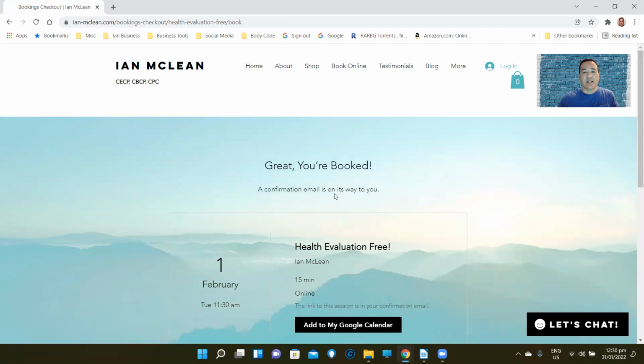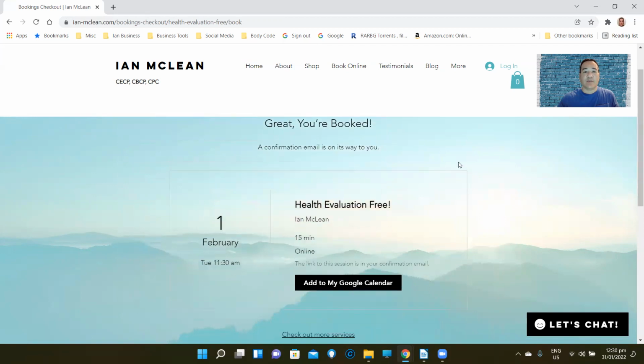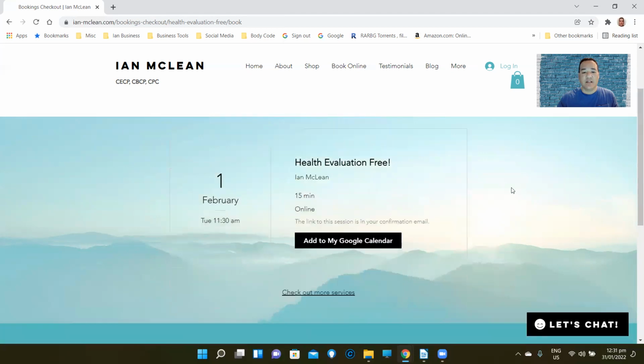You'll get a confirmation email, and within the email, an automatic Zoom link will be created. So if you're doing it by Zoom, you just click on that. When the time for the appointment comes, which in this case is the 1st of February, 11:30 a.m., you click on that Zoom link and you'll go straight into the Zoom meeting. You can add it to your calendar here.